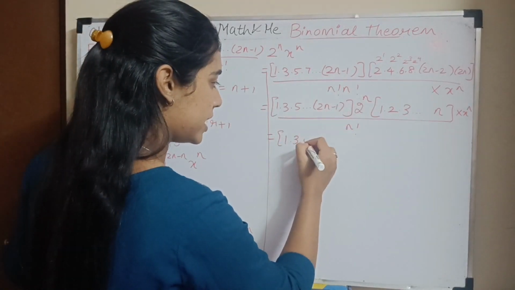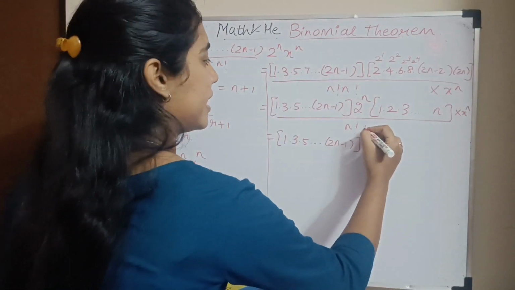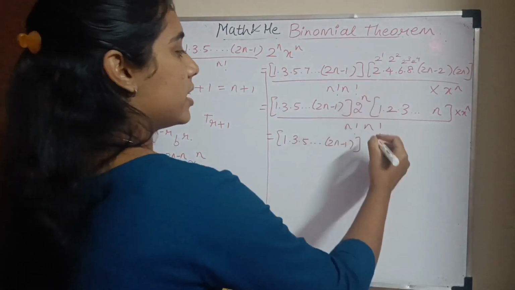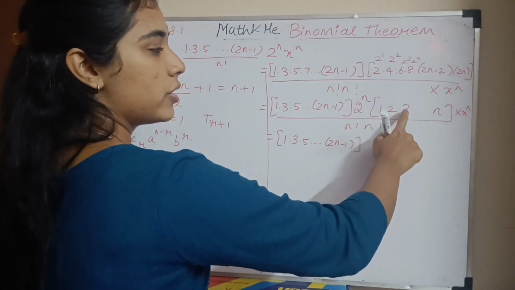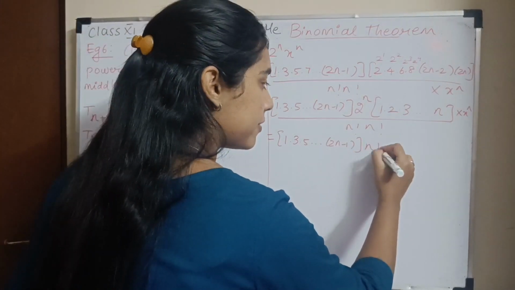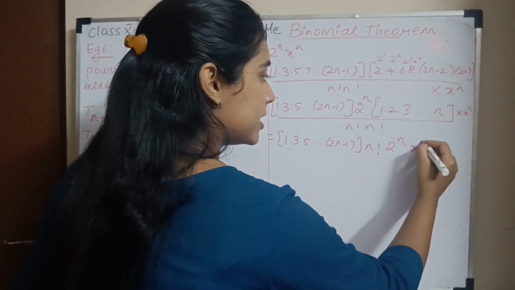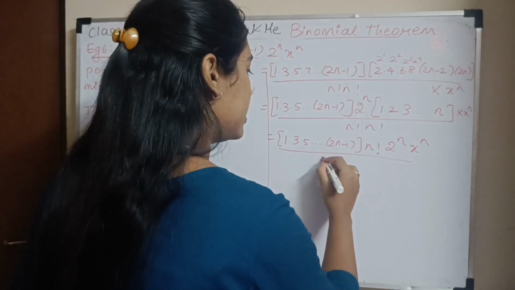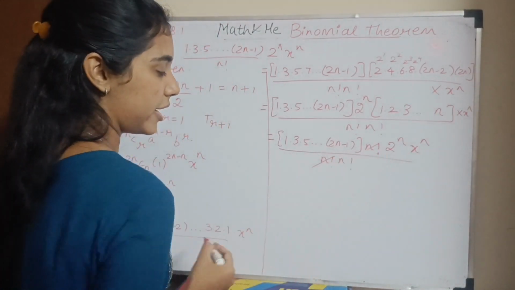So it's 1 times 3 times 5 and so on until 2n minus 1. I have another n factorial here. Now I have 1 times 2 times 3 up to n. What is this? 1 into 2 into 3 into 4 up to n is n factorial, times 2 to the n times x to the n divided by n factorial, n factorial. So I'm cancelling the n factorial and n factorial.